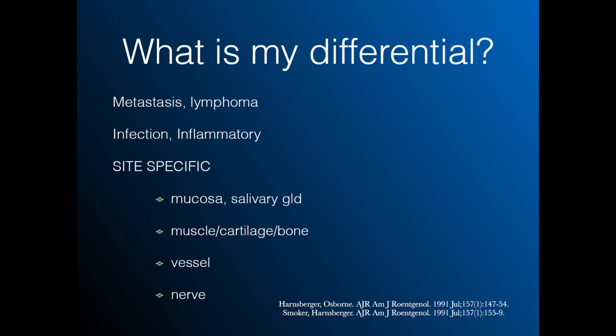Salivary gland tumours, and they're your mucoepidermoid, and pleomorphic adenomas, adenoid cystic, and then structures, because of the muscle cartilage and bone, you can get sarcomas. So anytime I'm seeing a mass that's a bit unusual, I always throw in it could be a mesenchymal tumour. And then we've got vessels and we've got nerves.